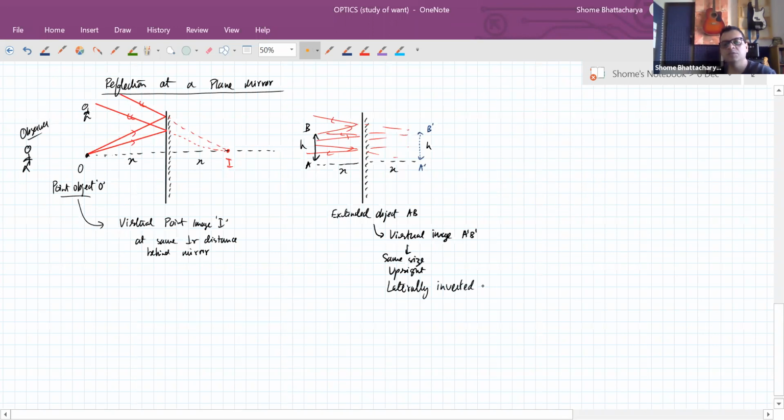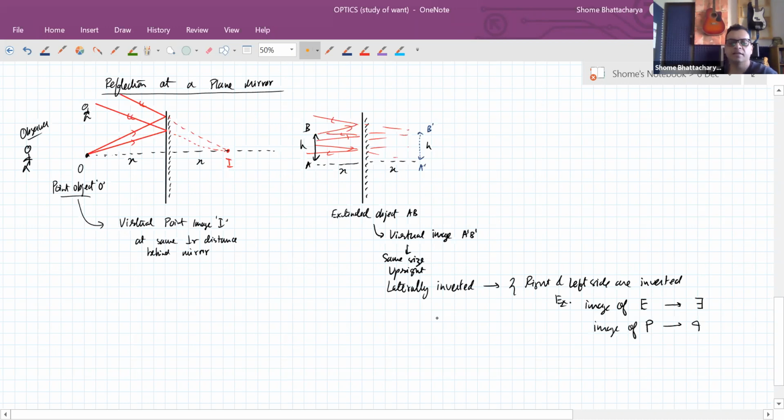So laterally inverted means what? That right and left side are inverted. So for example, the image of the letter E will appear to become like this. The image of the letter P will become like this.